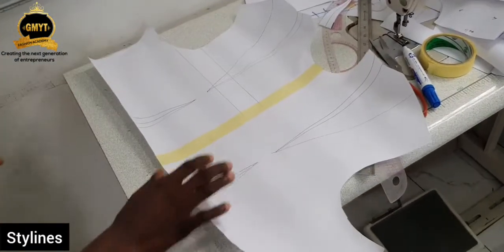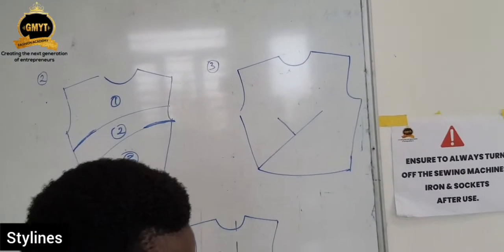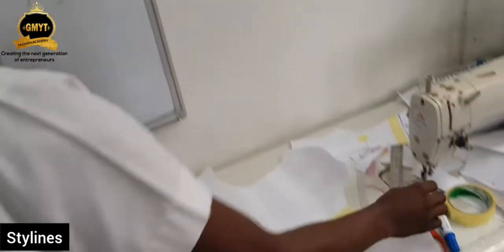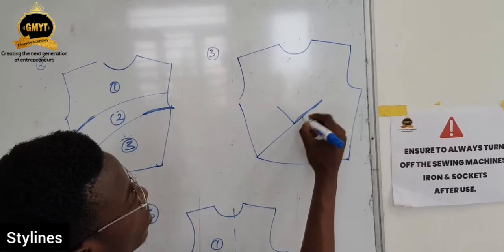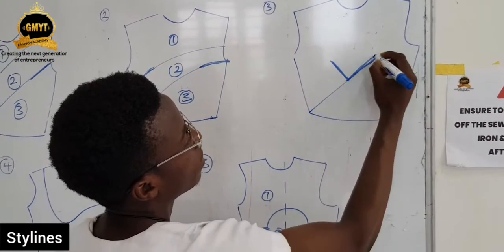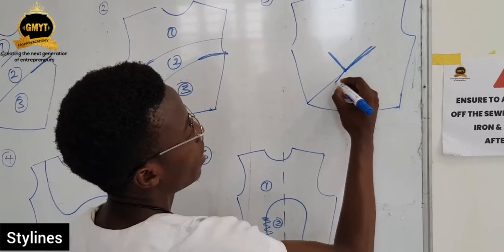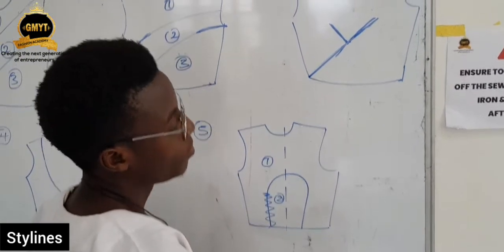So the first thing I will be doing is to transfer my darts before I get my style lines. And where do I transfer my darts to now? I have 2 darts here, 1 here, and also another 1 here. Then my style line continues from here. Right?